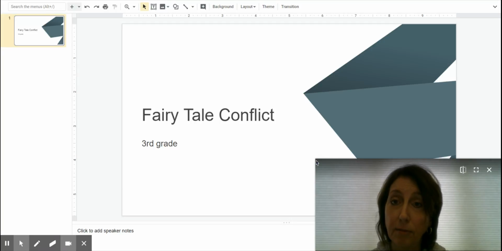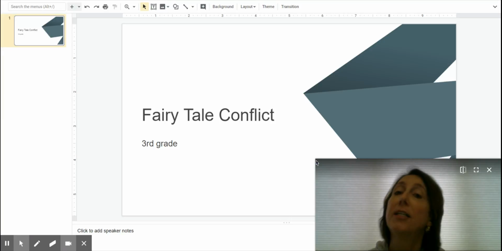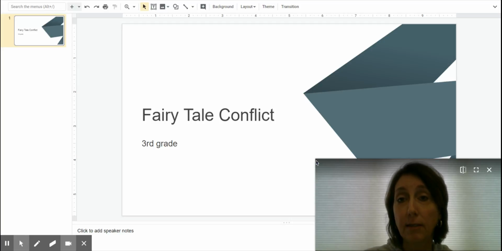Moving to step 2, our emotions. A lot of times when the conflict involves something that is really disappointing, it's hard not to let our emotions take over on us. Some of the emotions I might be feeling is sad that my friend doesn't want to play with me at the park.